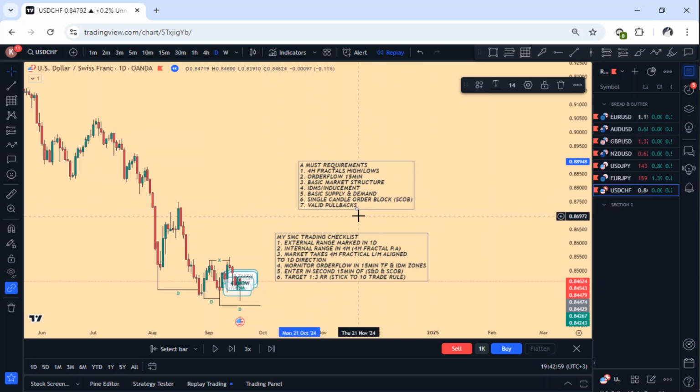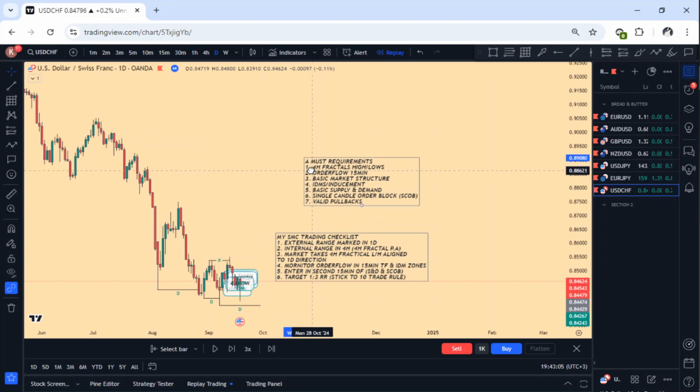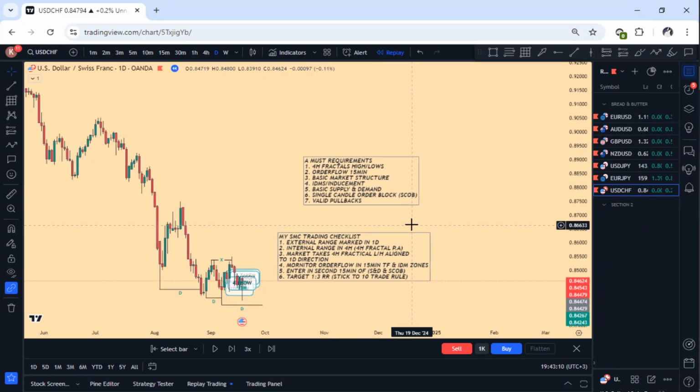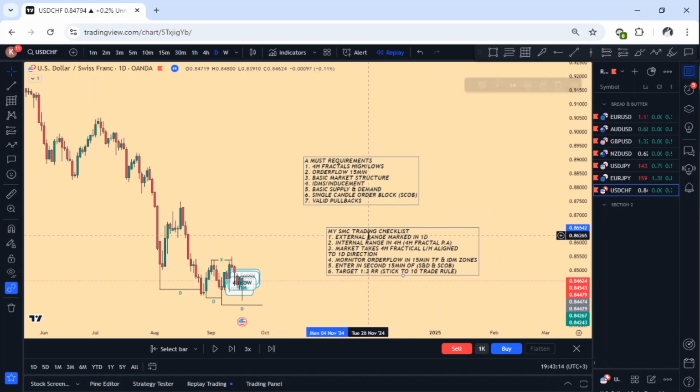With this, you can trade this strategy perfectly. By the way, numbers 2 to 7 are only ideal for getting the entry. Otherwise, for daily buyers, it's very straightforward.